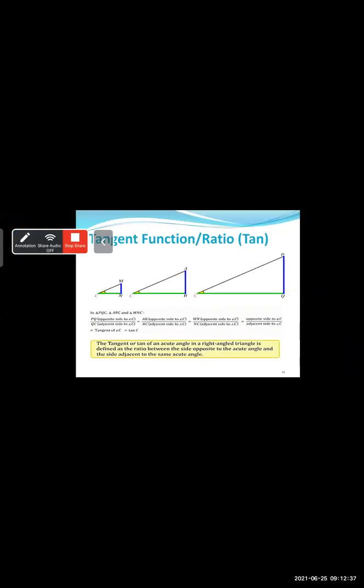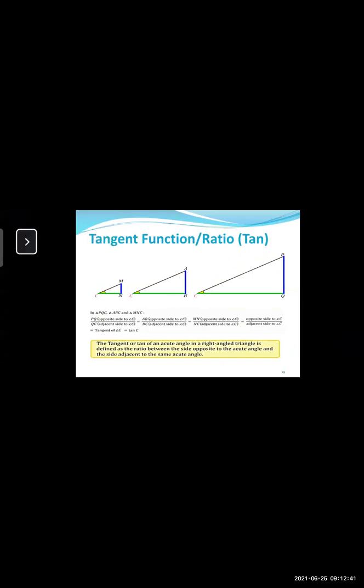So we write cos C is equal to adjacent upon hypotenuse side, that is PC. In this way you easily find the cosine ratio. Now the third one is the tangent function, also called tan.